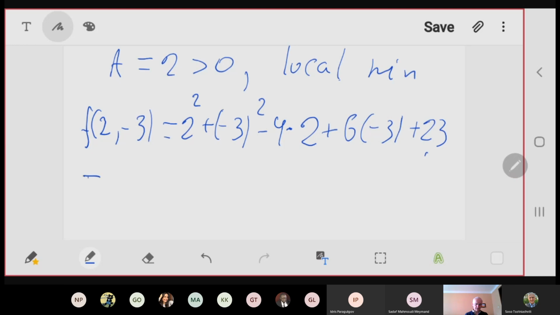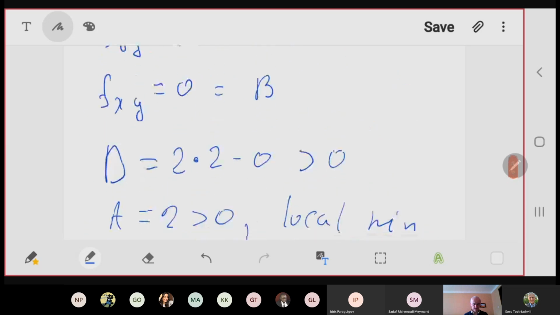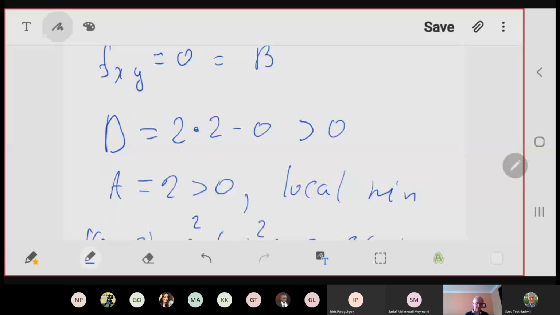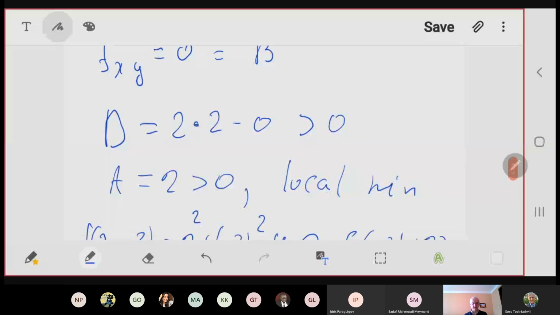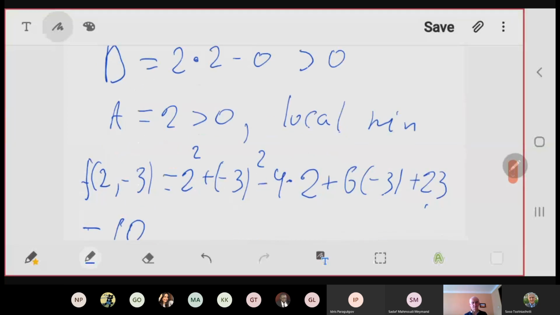And as Idris told, and we trust Idris, it's 10. And this is a local minimum. Why a local minimum? Because A, the second order partial derivative with respect to x, is positive, and that's why it's a local minimum.